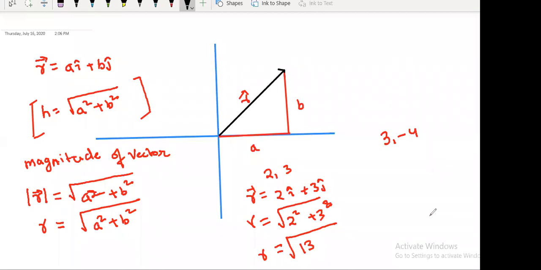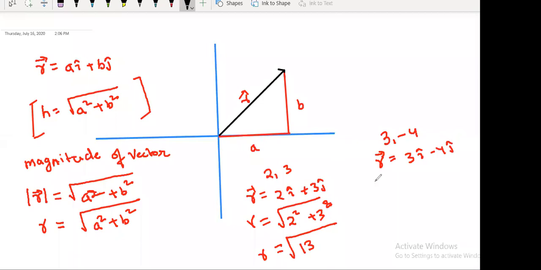Tell me, how will we represent this vector? Our vector is 3i cap minus 4j cap. Yes or no? Tell me. Right?